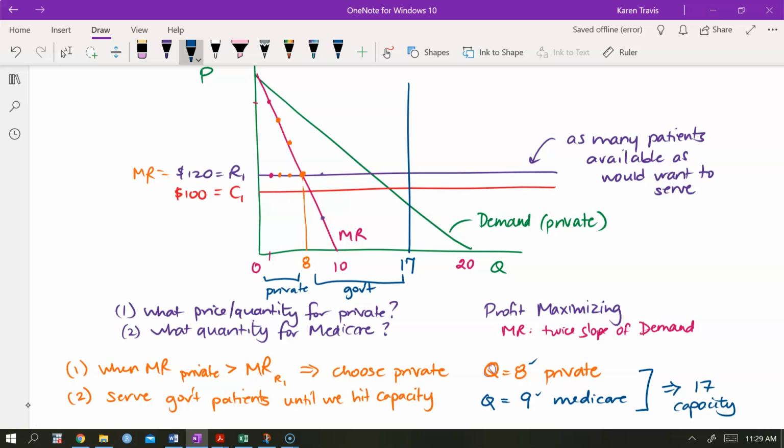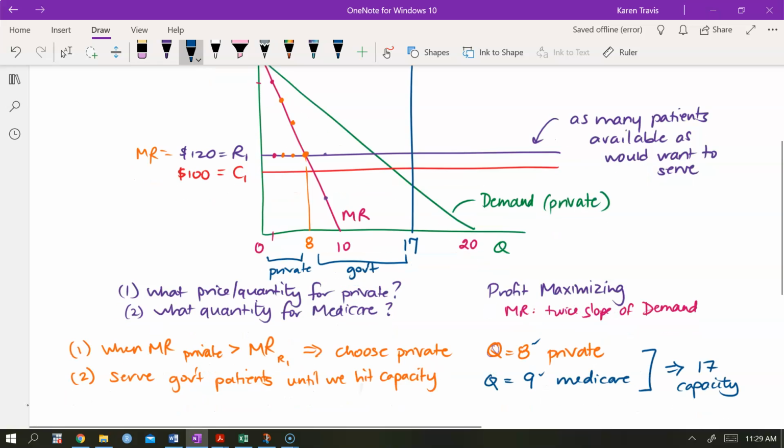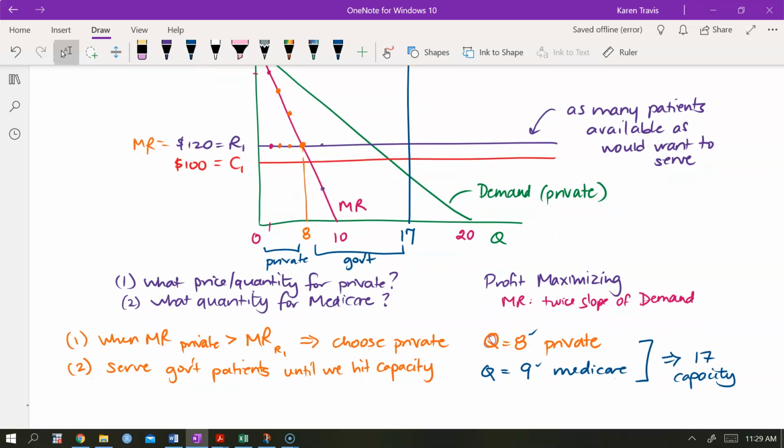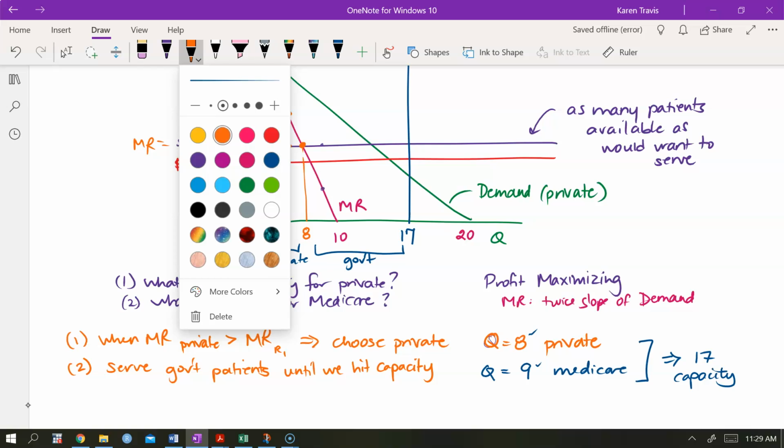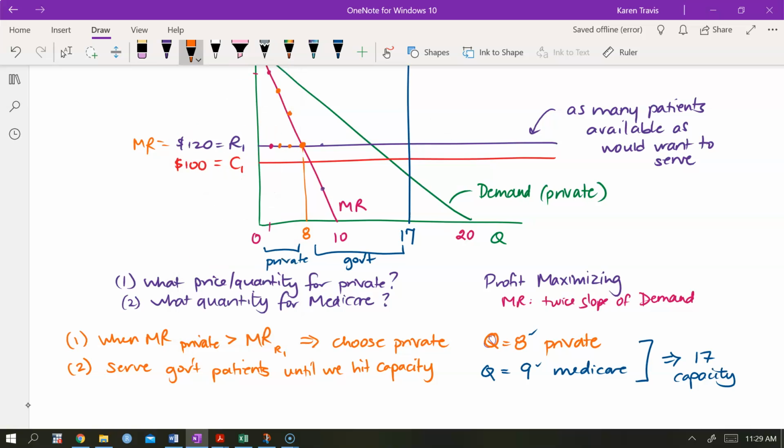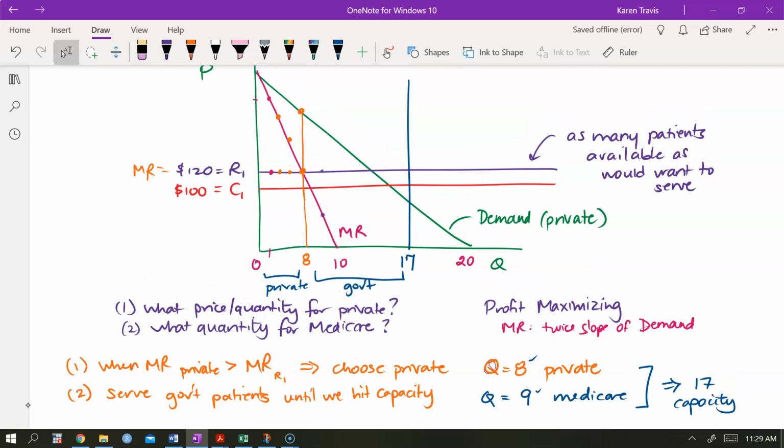And we already know the price for government, so the last thing I'm going to sort out is what would be the price for the private patients. If you remember for monopolists, to find the price, you look at how much the quantity was, and you realize that if you come straight up, they would charge the maximum price they are able to in order to satisfy the market for the quantity they wanted to produce.